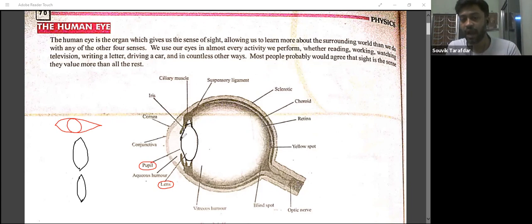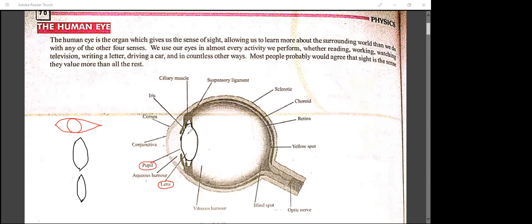At that time our eye lens becomes thick. Understood? I will show you how it gets more and less power, and also the range of power of the eye lens. Clear? Yes, sir.